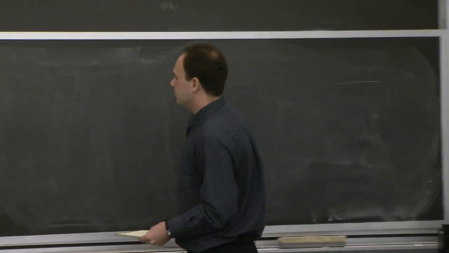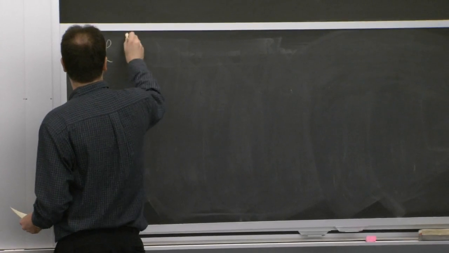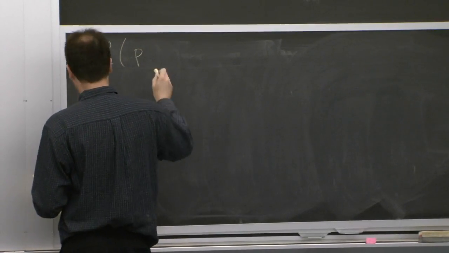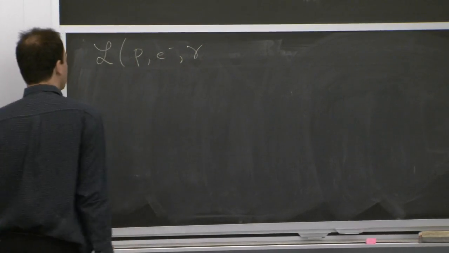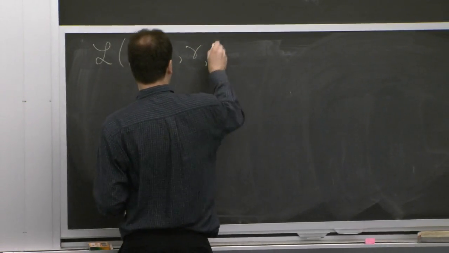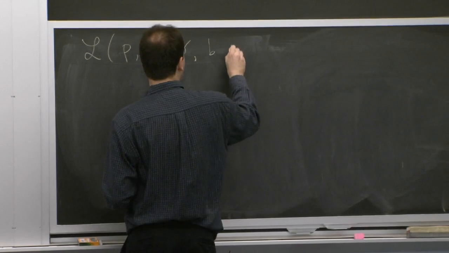So if I write it in terms of the Lagrangian, the Lagrangian for hydrogen, if we include the B quark, has our proton, electron, and photon, and let's keep the B quark.